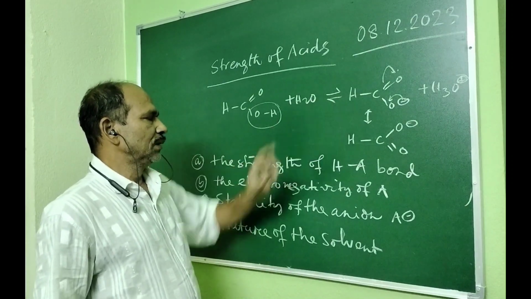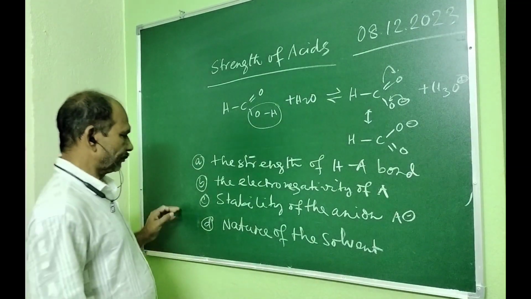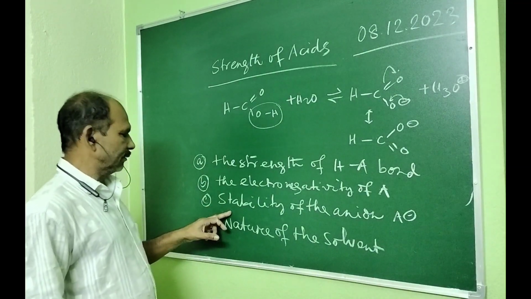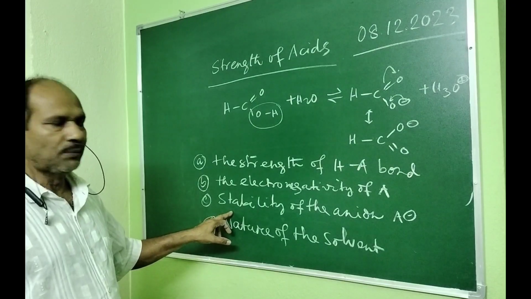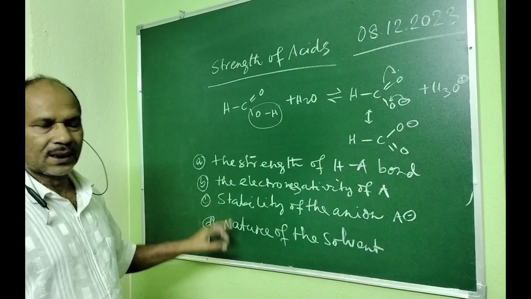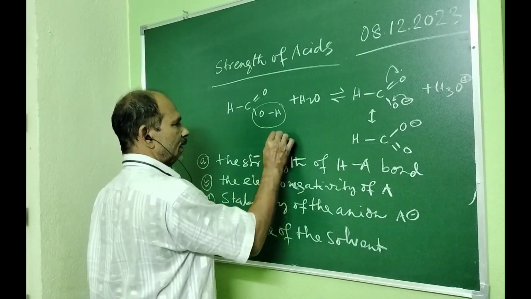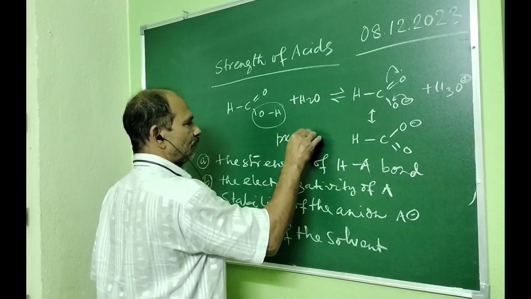So the methanoate anion is stabilized in this way. So the resonance factor is very important in this case to explain the acidity of methanoic acid. So its pKa value is obviously very low, and here its pKa value is 2.77.